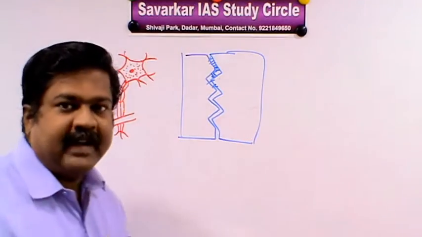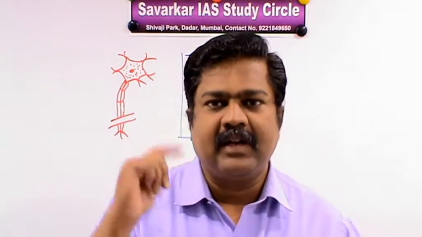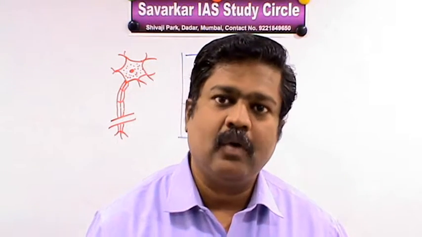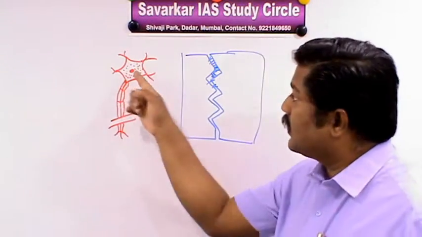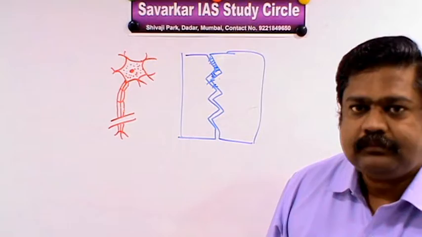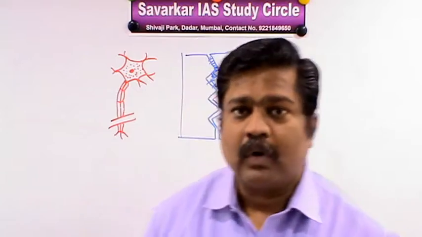Now in the case of the brain, the surface is wrinkled because more nerve cells should accumulate over the surface. As the surface is larger, the number of nerve cells is greater, and that's why the surface of the brain is wrinkled, so maximum cells can be there, and that's why intelligence is more.